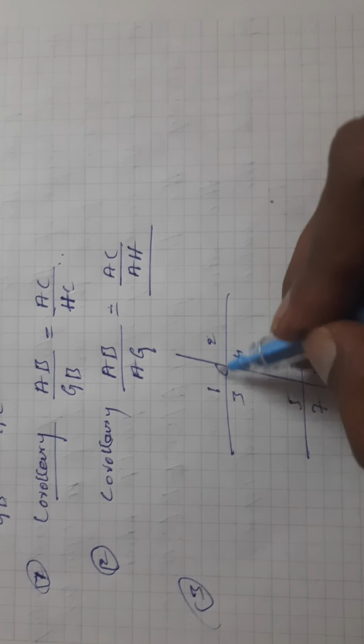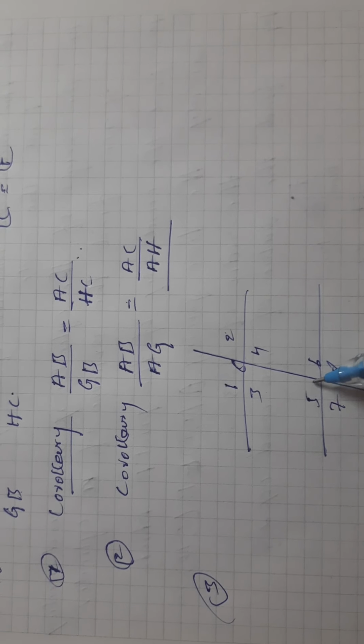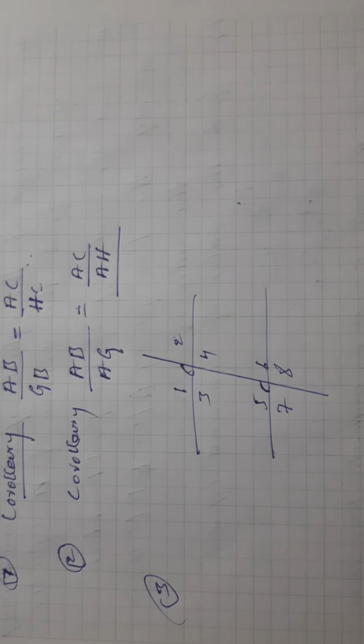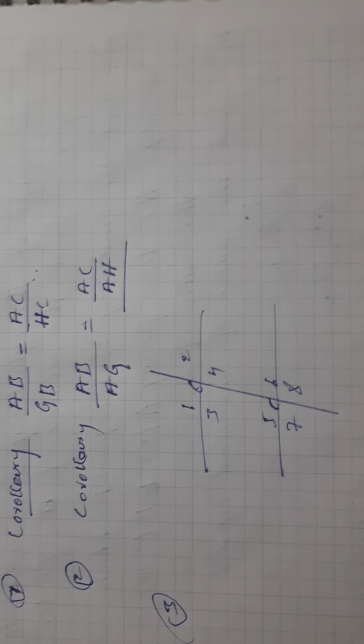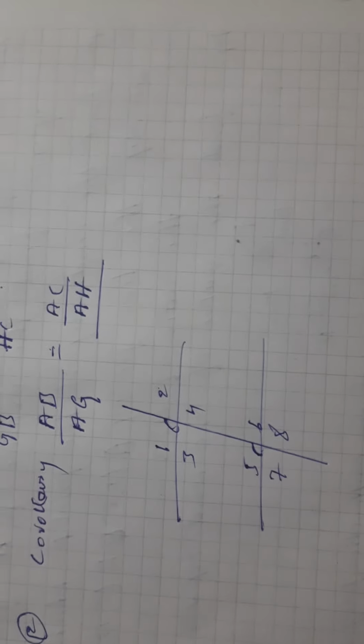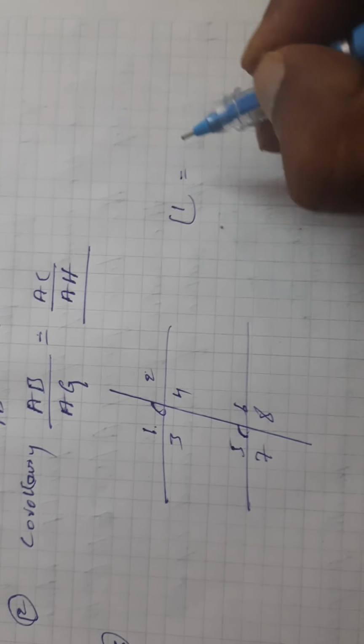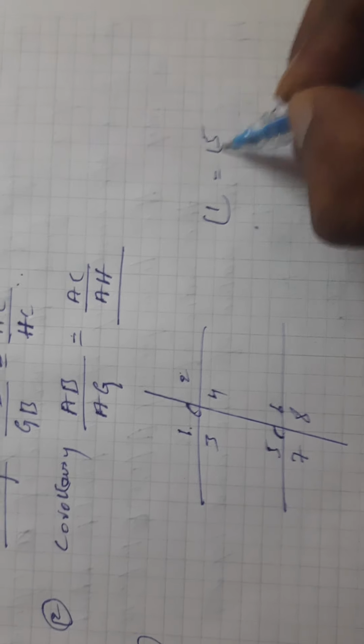Now these are all corresponding angles. What about the corresponding angles? The corresponding angles are equal. As we know, angle 1 is equal to angle 5.